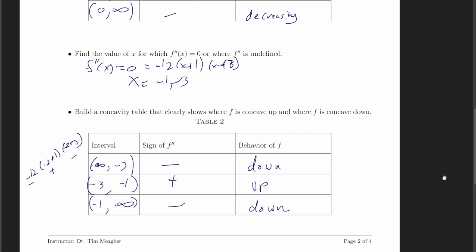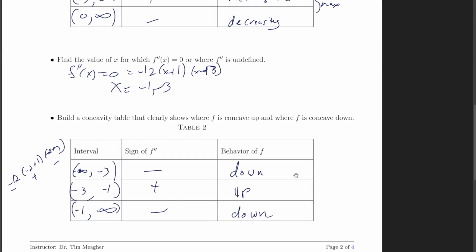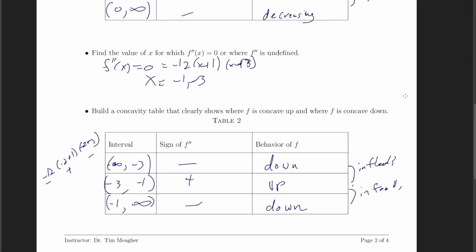All right, from here we can tell where our mins and maxes are. When something goes from increasing to decreasing, we have a local max. If we go from concave up to concave down, this will have an inflection point. If I go from down to up, it's an inflection, and from up to down, this is also an inflection point. So the inflection happens at -3 and also at -1, and we have a local max at 0. But we'll be more precise than that in a second.